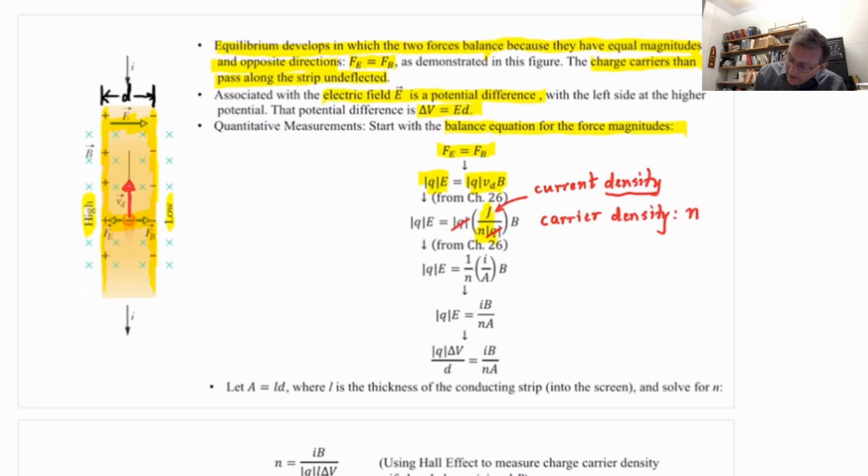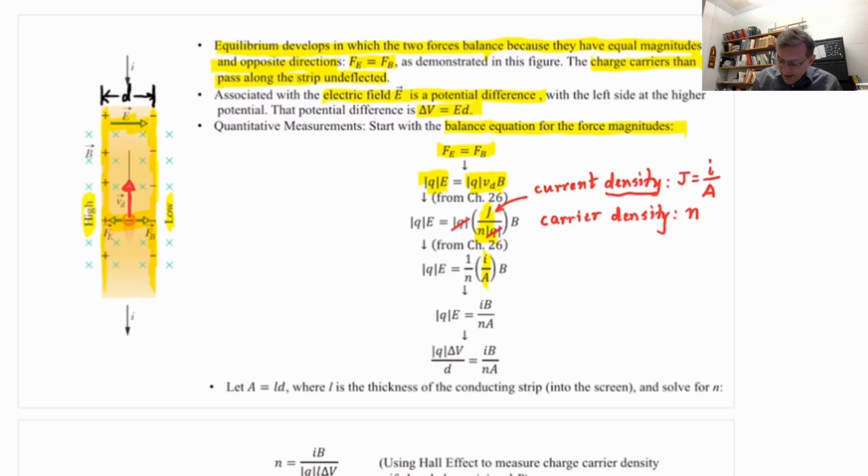And remember that current density magnitude, J, is current per unit cross-sectional area that the current is flowing through. So current per unit area, A. But we'll have to be very clear what that appropriate area is, and I'll talk about that in just a minute. Okay, so now I've replaced J with I over A. That's that step.